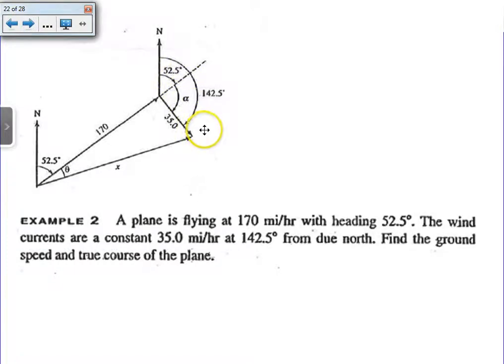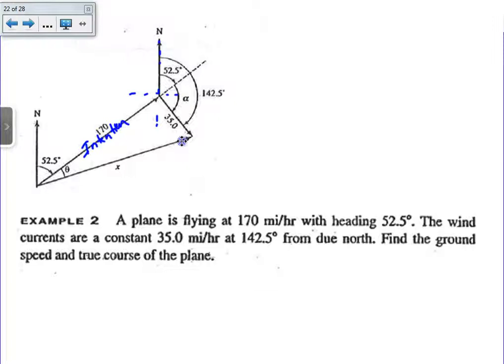This example has a plane that's flying at 170 miles per hour with heading 52.5 degrees. So this is the plane, this is the intention. This is what they wanted to fly. Unfortunately, there's a wind. So this is the bearing of the actual wind at the tip of the plane's route.